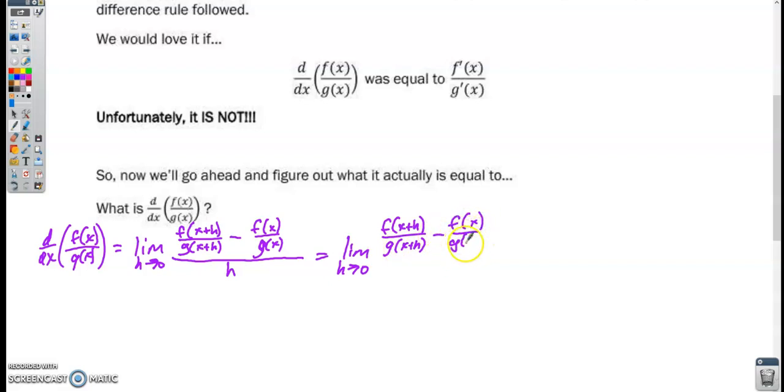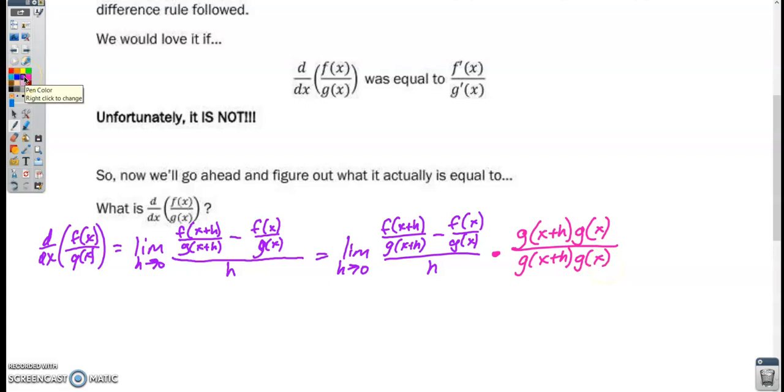We're going to multiply the numerator and denominator by the quantity g of x plus h times g of x. And what happens is that gets rid of both of our denominators that appear in the numerator to begin with.